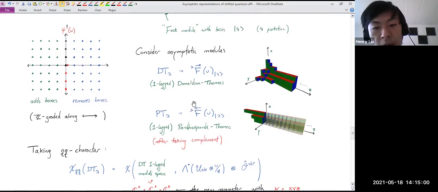So in terms of our modules of flags, what we can do to get something resembling PT theory is take infinite flags with respect to this Fock module, and they will again be infinite descending flags. But this time, instead of infinite descending flags starting at 0 and heading off to positive infinity, we take infinite descending flags starting from negative infinity and heading off to 0.